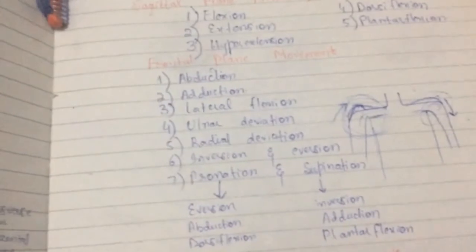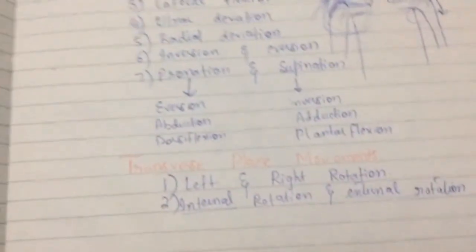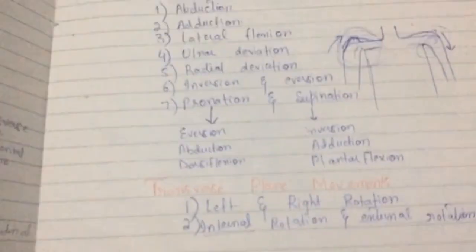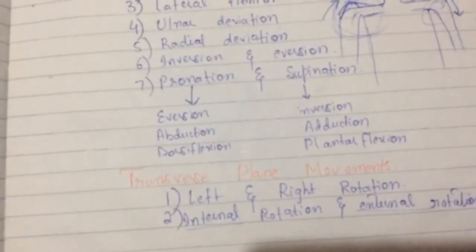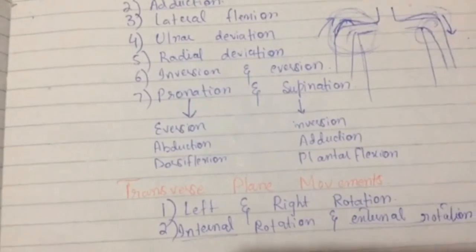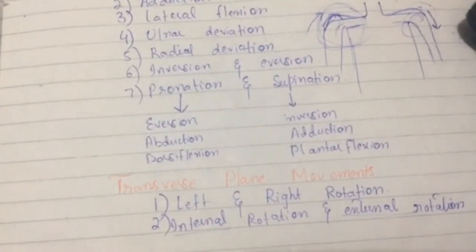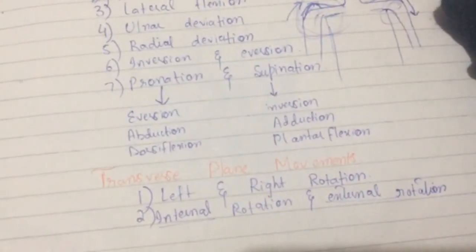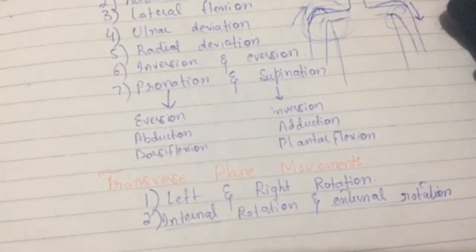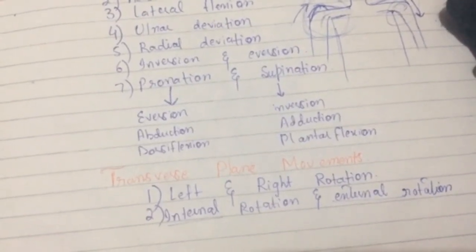These are all included in the joint movement terminologies, in which we see sagittal plane movement, frontal plane movement, and transverse plane movement. This is all about it, along with circumduction.